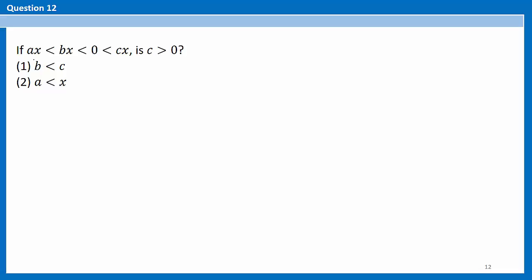Statement 1 says that b is less than c. Now, where can I join b and c? From here. This is a fact. It's a fact that bx is less than cx. And it's also a fact that b is less than c. These are both true.